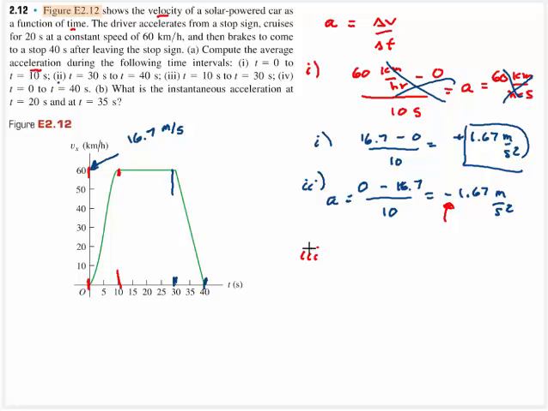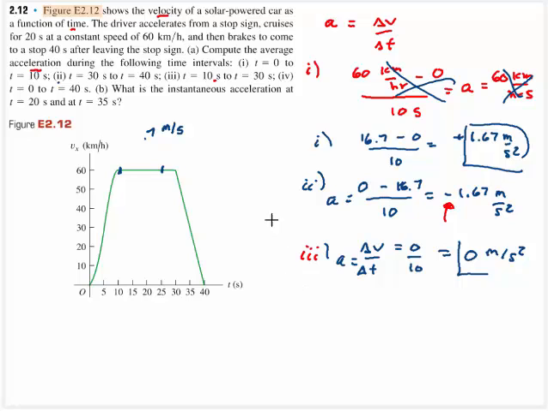Now for part 3, we're looking for 10 seconds to 30 seconds. So what is the change in the velocity? Well, that's equal to 0. Change in velocity divided by change in time, so delta t, is going to be the acceleration: 0 divided by 10, so 0 meters per second squared.